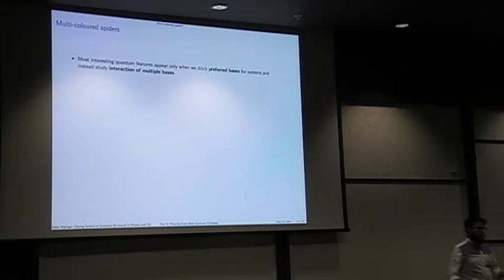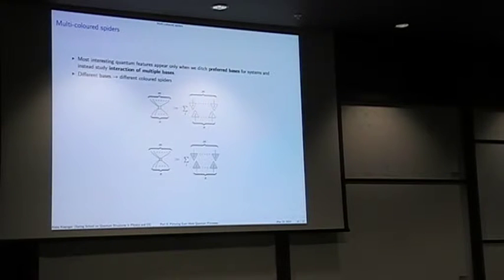As most of you know, most interesting quantum stuff comes from not looking at a single classical context in your quantum state space, but looking at how multiple classical contexts interact with each other, multiple measurements. The way we do that is we just introduce new bases. And notationally, we do this by introducing new colors of spiders.